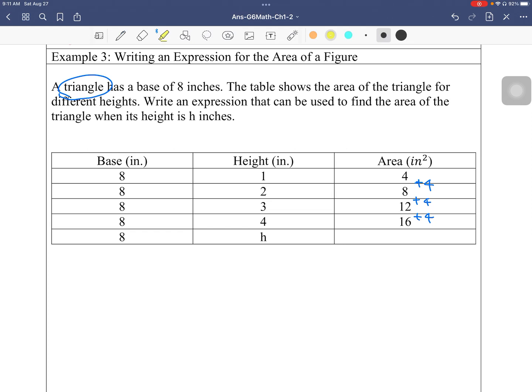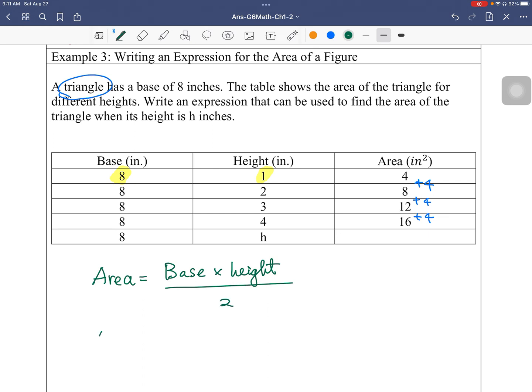Okay, and we compare the height and the base, and then we can see the area is actually the base times height divided by 2.